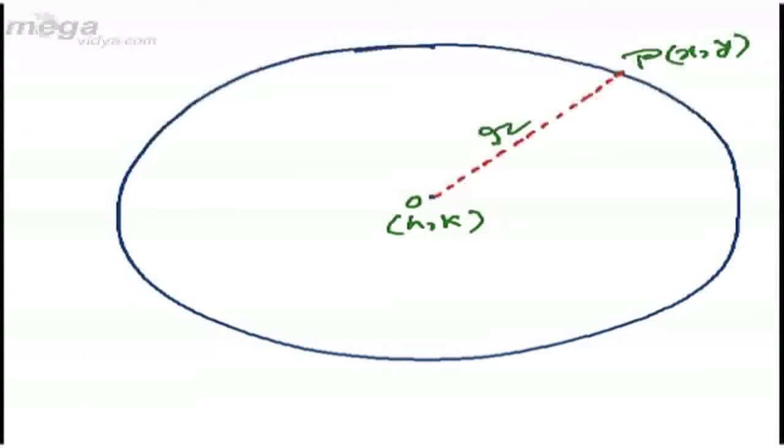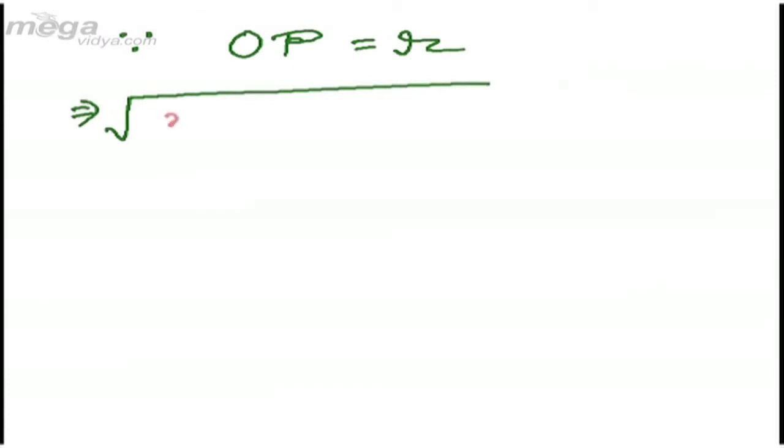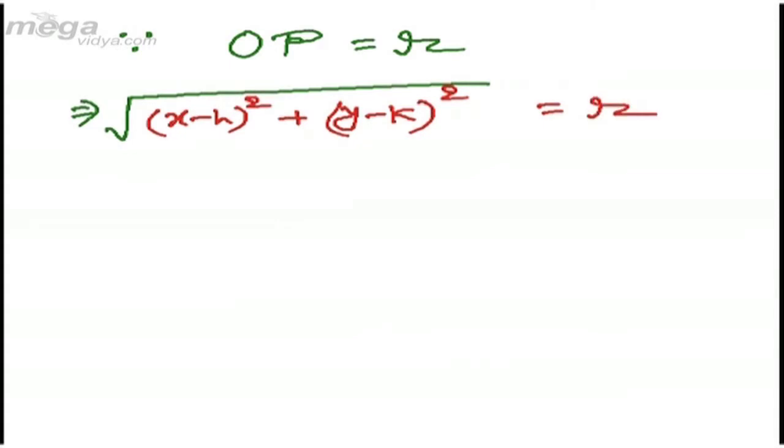That is the relation between x and y with the help of these two. According to this definition, the distance between O and P is R, that is OP equal to R. Now using the distance formula, we can write root under (x minus h) whole square plus (y minus k) whole square is equal to R.